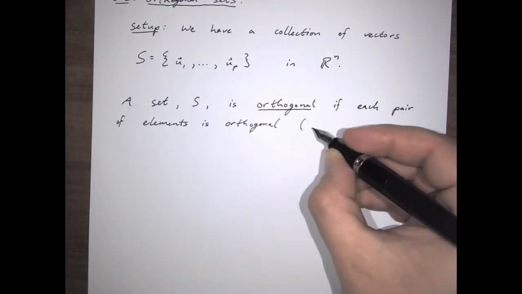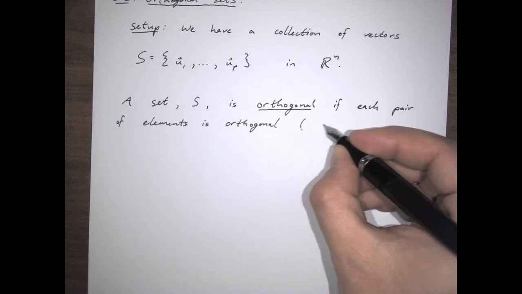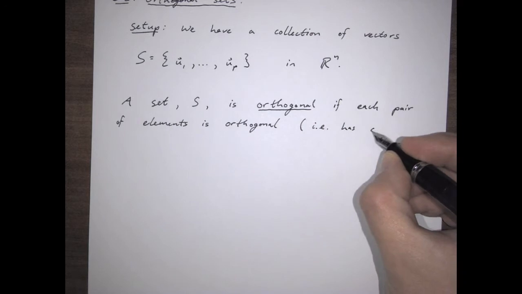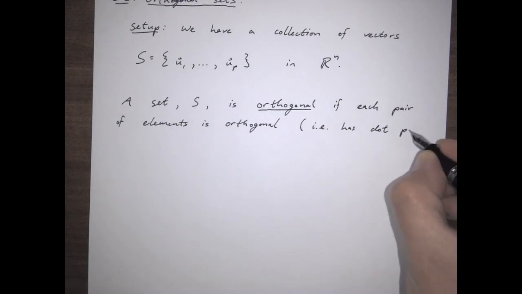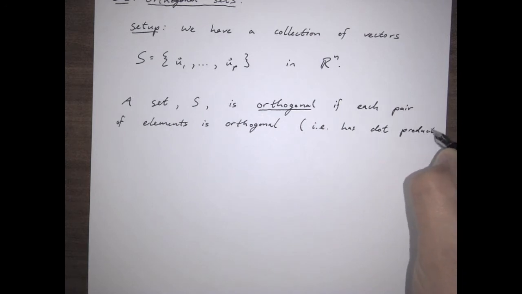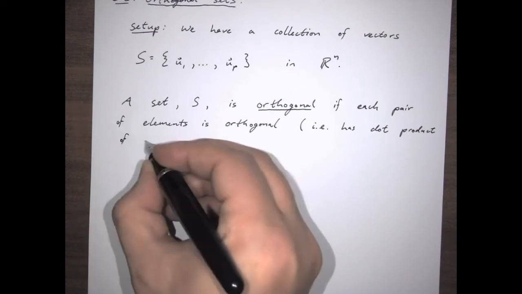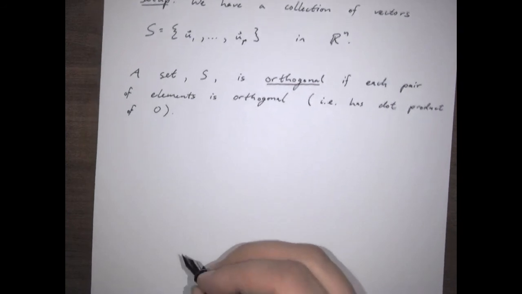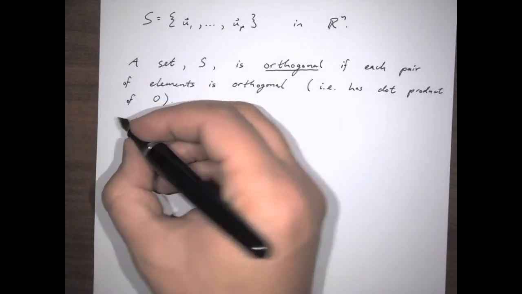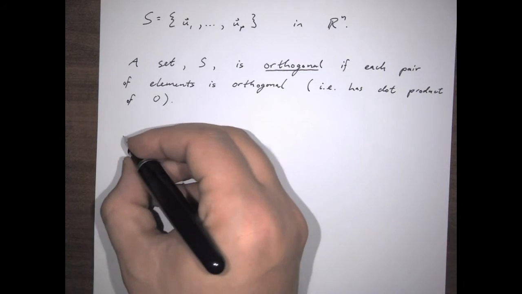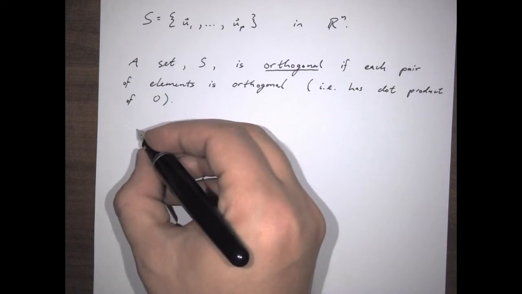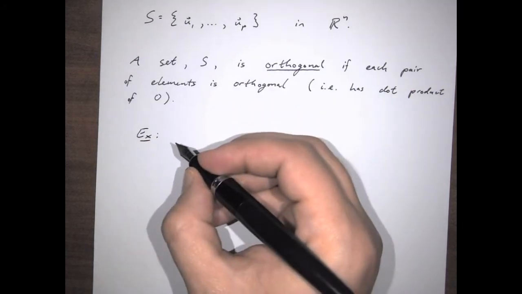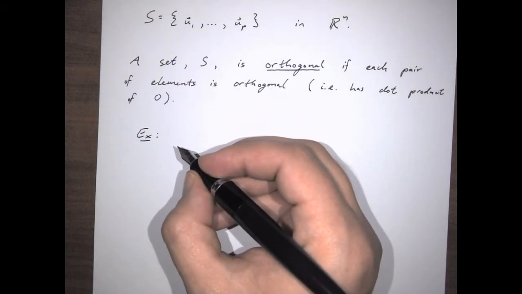In other words, the dot product is 0. So in other words, they have to be pairwise orthogonal, is the way this is worded. Let's quickly try a couple sets on for size, see what we think.